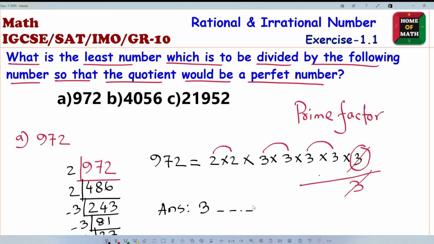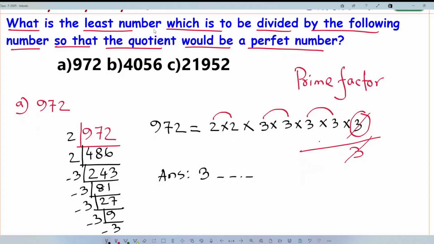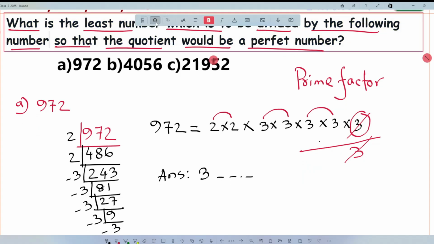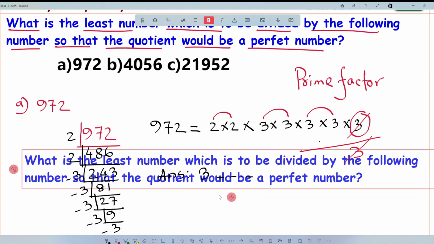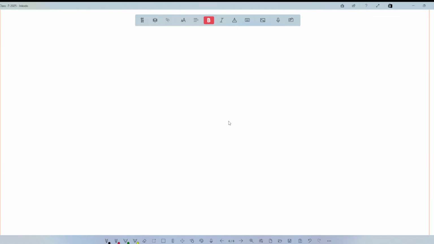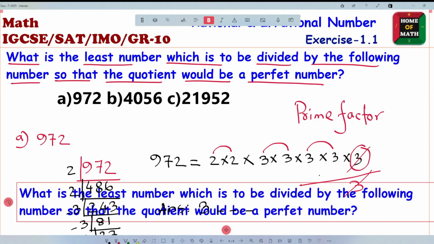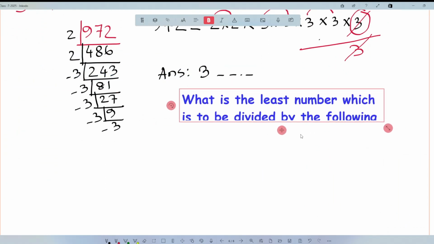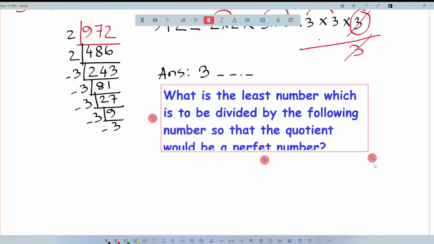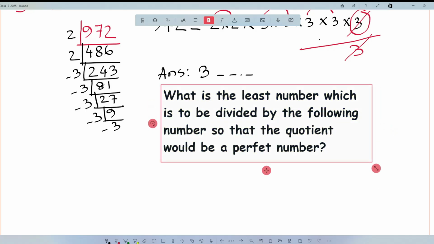I didn't write this one, so we can just copy paste this one. Look, the answer is the same. So we can write this one in here. Just a minute, I will solve this one. Okay, so look, what is the least number?